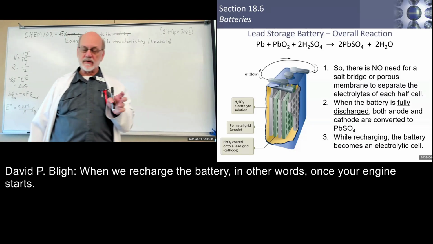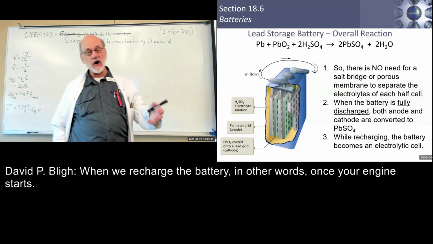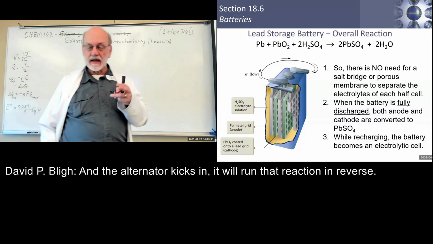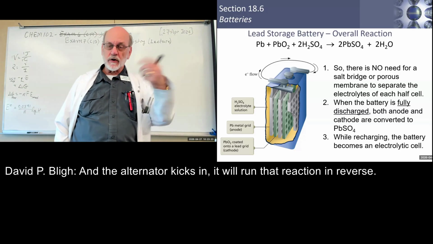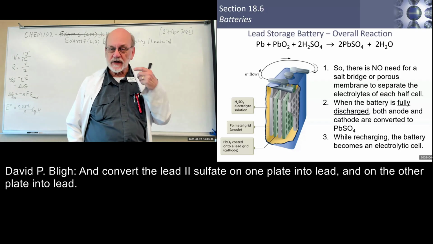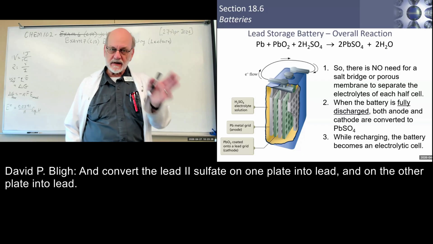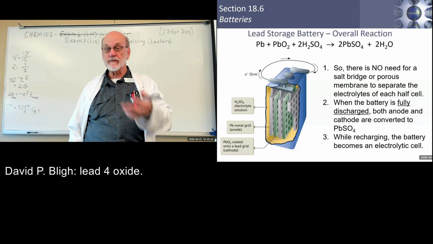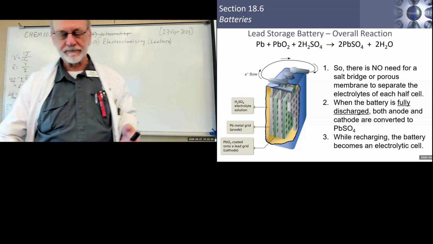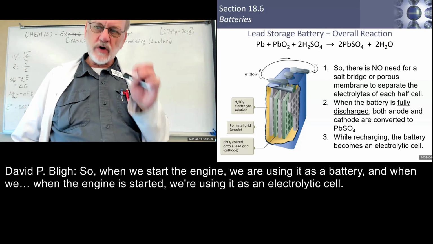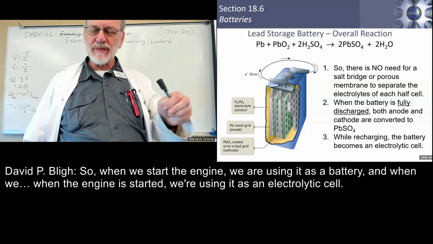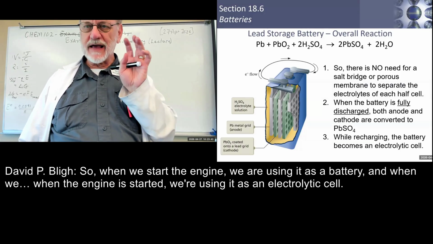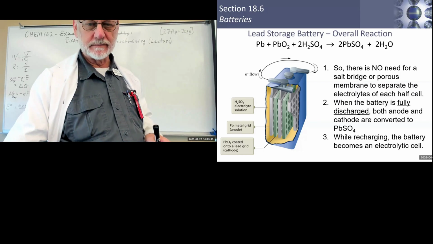When we recharge the battery, in other words, once your engine starts and the alternator kicks in, it will run that reaction in reverse and convert the lead 2 sulfate on one plate into lead and on the other plate into lead 4 oxide. So when we start the engine, we are using it as a battery, and when the engine is running, we're using it as an electrolytic cell.